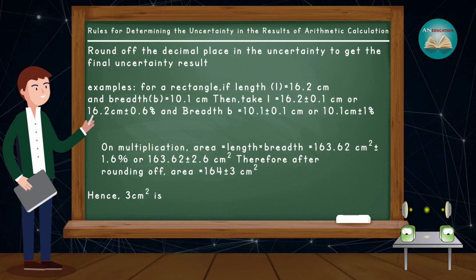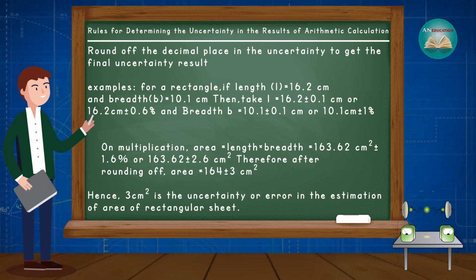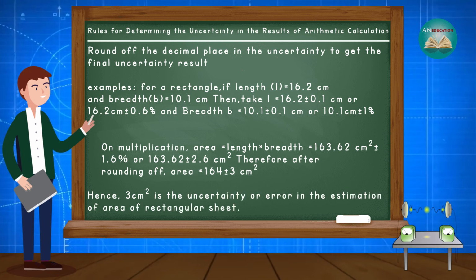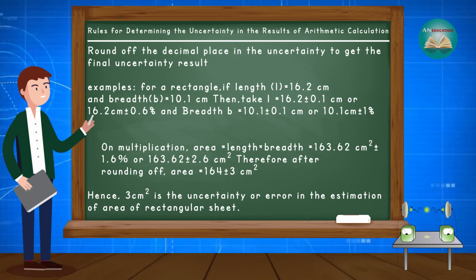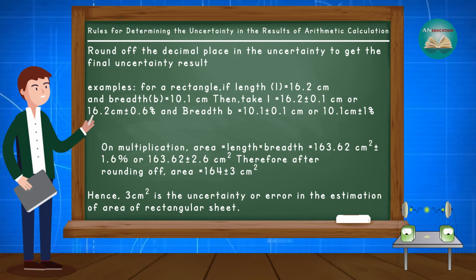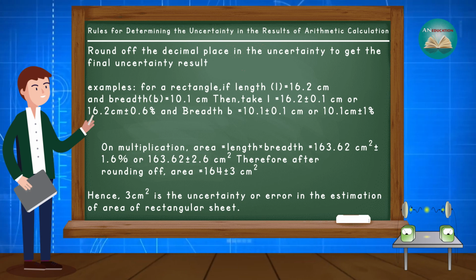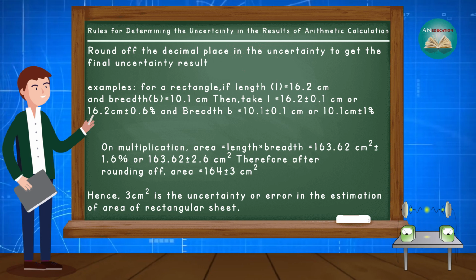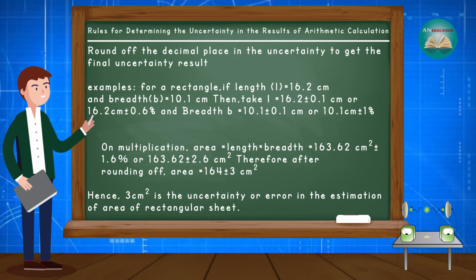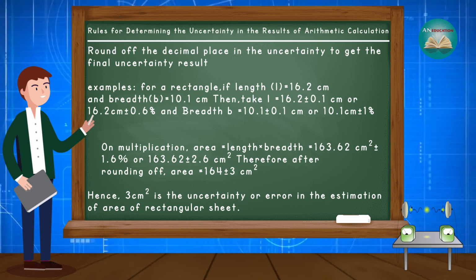Example, for a rectangle, if length small l is equal to 16.2 centimeter and the width small b is equal to 10.1 centimeter, then take l is equal to 16.2 plus minus 0.1 centimeter or 16.2 centimeter plus minus 0.6%, and breadth small b is equal to 10.1 plus minus 0.1 centimeter or 10.1 plus minus 1%.